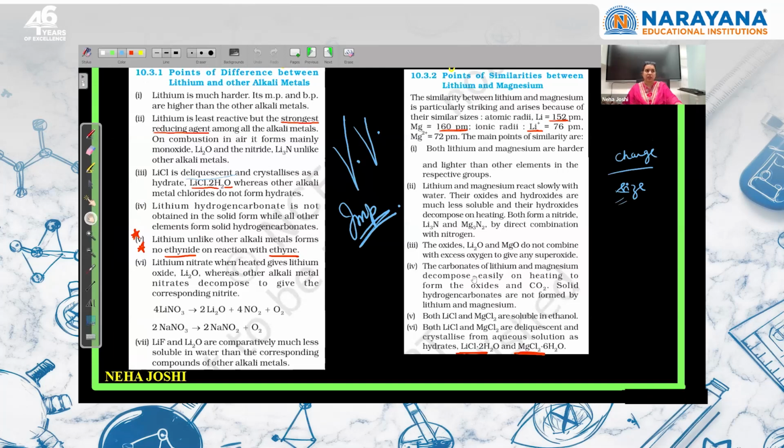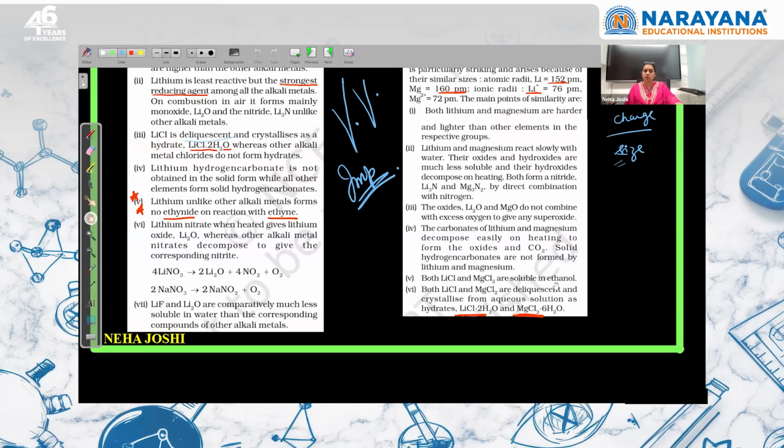Okay? Coming to its similarity with magnesium. Yes, both of them form nitrides. Oxides, both cannot form superoxide or peroxide. Carbonates, they release CO2. LiCl, MgCl2 both are soluble in ethanol. Okay?